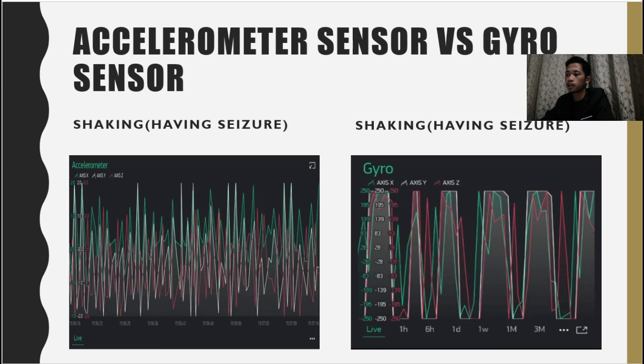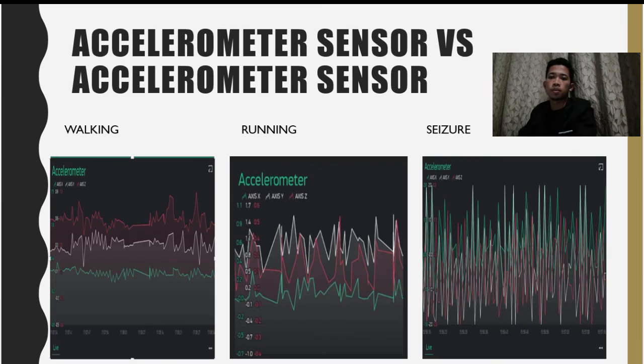When we look at the gyro sensor data, we can see that there is unstable data. By comparing these two data, we can clearly say that the accelerometer sensor gives more accurate and stable data compared to the gyro sensor data.